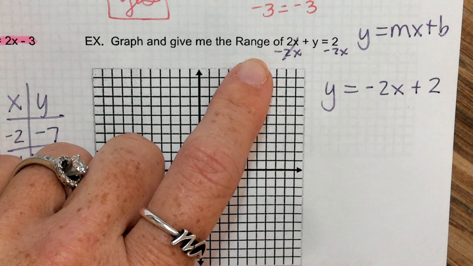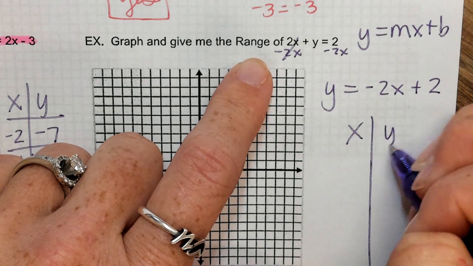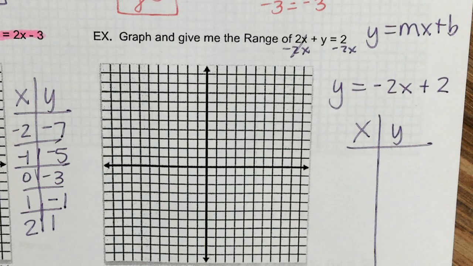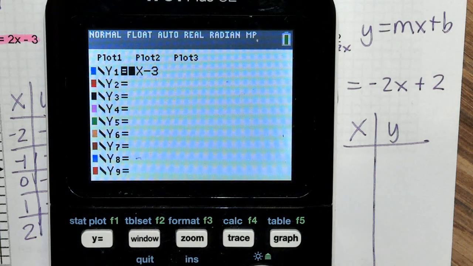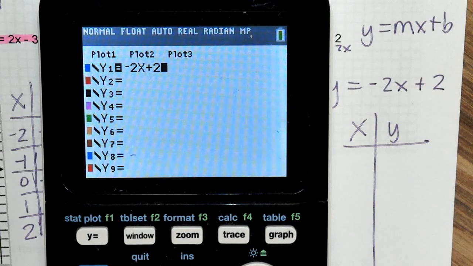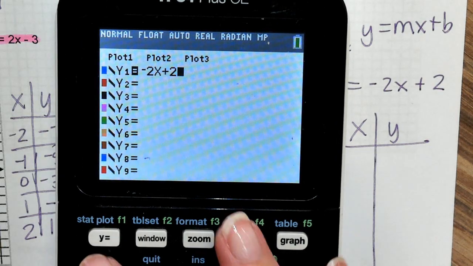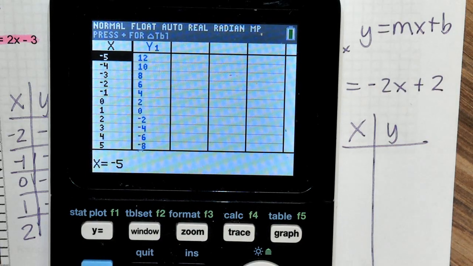Can I now put that in my calculator? And I can make a table. Do I get to pick the domain? Yes, because they didn't tell me what to use. So I go to y equals. I type in negative 2x plus 2. I go to my table, and I get to pick what I graph.